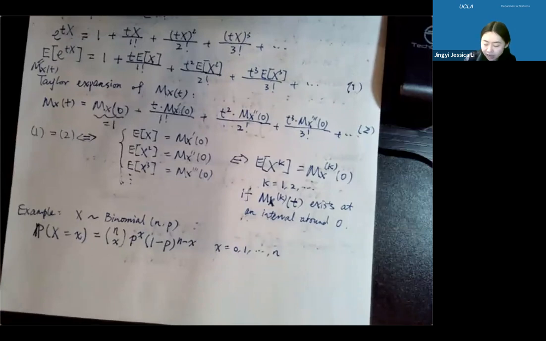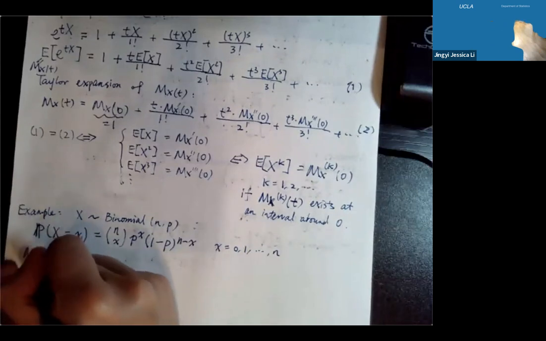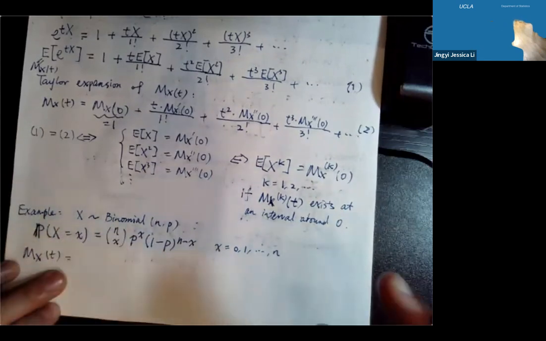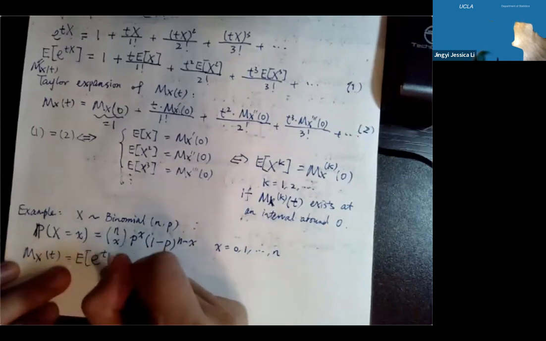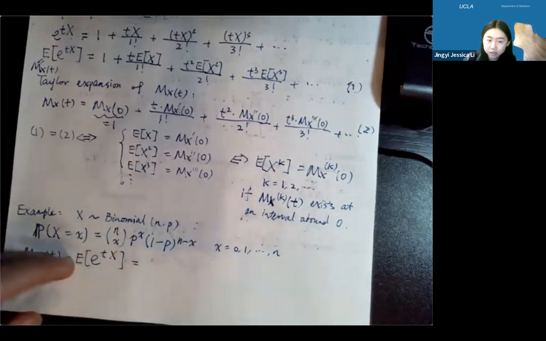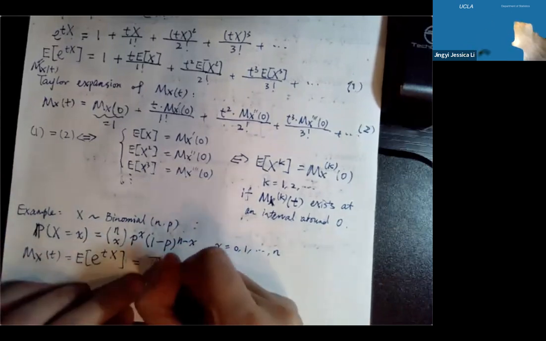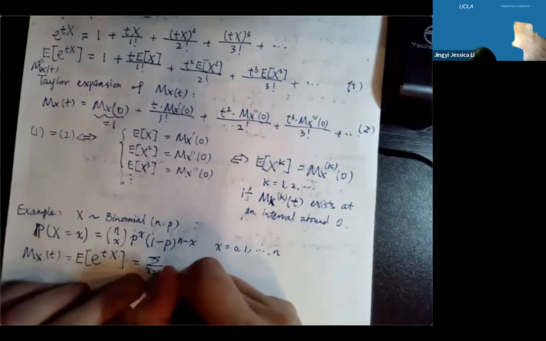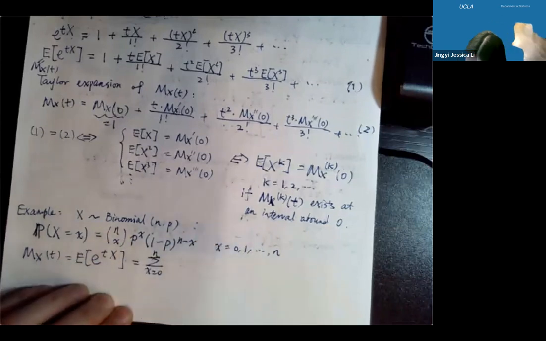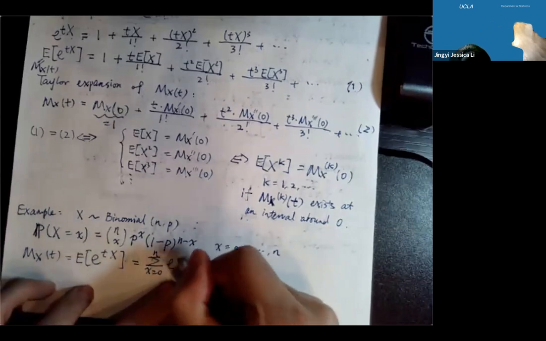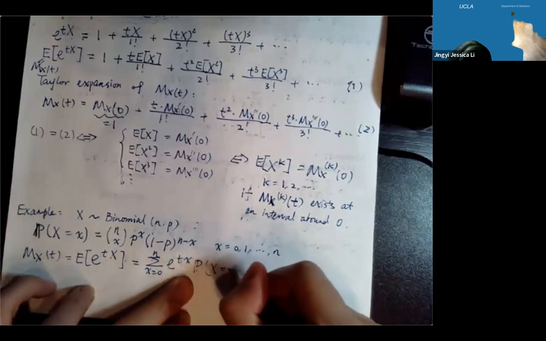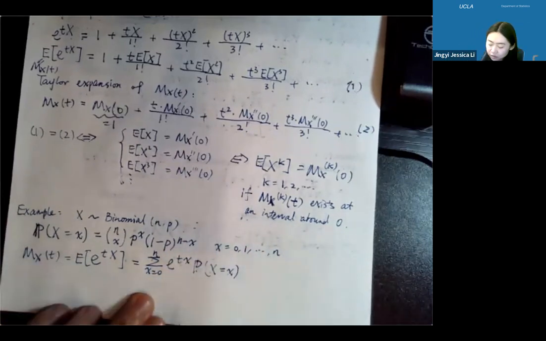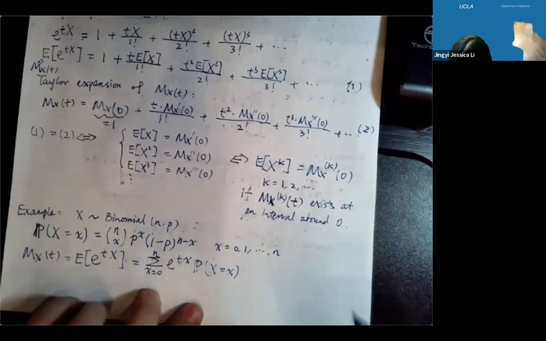So using this, now let's apply the definition of the MGF. M_X(t), by definition, is just the expectation of e to the tX. Now X is discrete, so we do the summation. The small x goes from 0 to N, and we have e to the t x times the probability that X equals x, and now I'm going to use the formula from above.